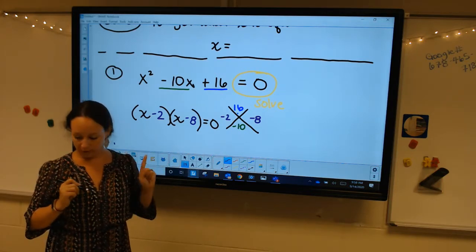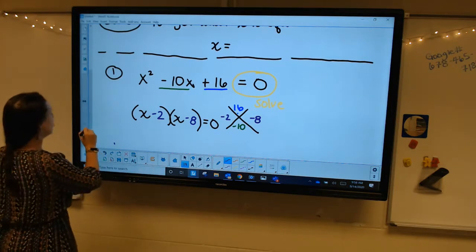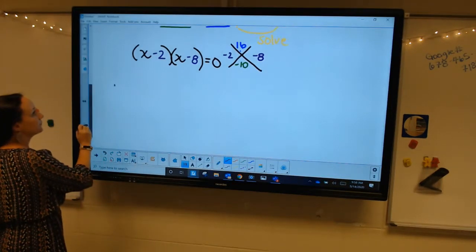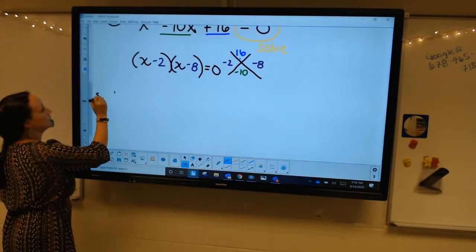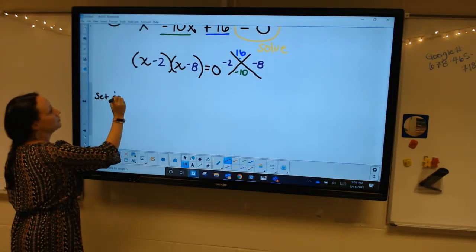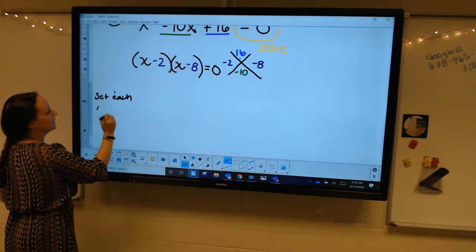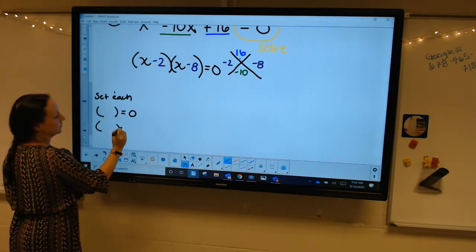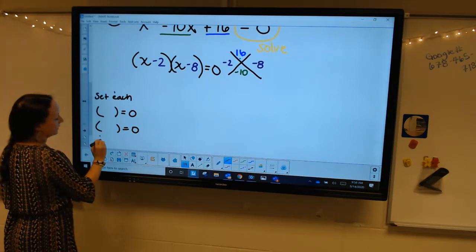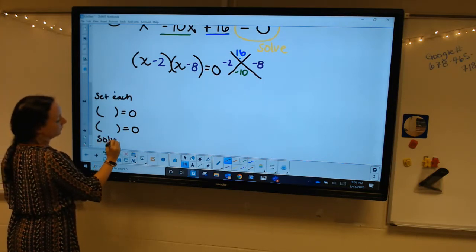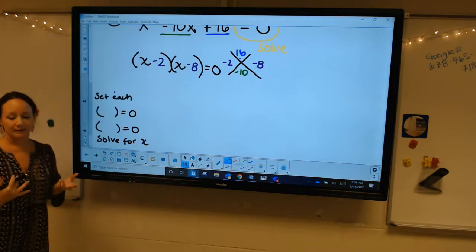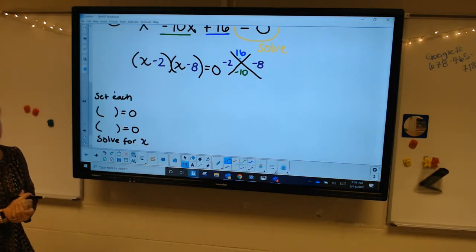It is a reminder that we're going to need to take this one more step. So because of that equals 0, because we want to solve, you want to set each parenthesis equal to 0 and solve for x, or get x by itself.